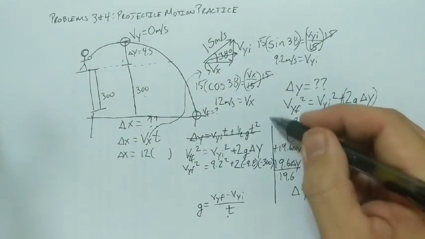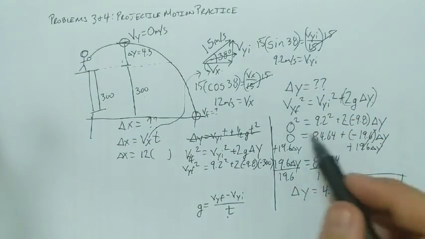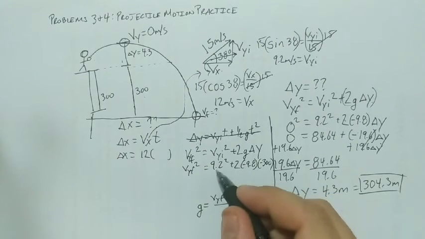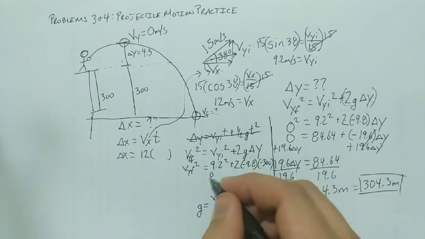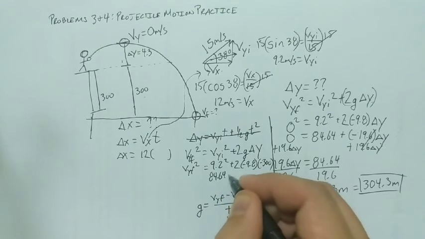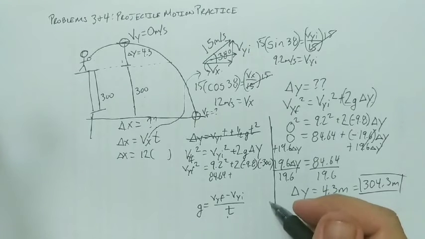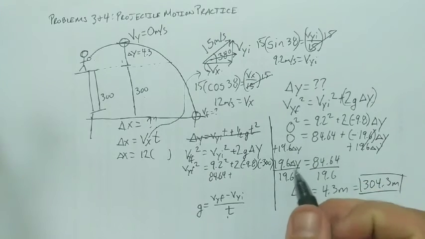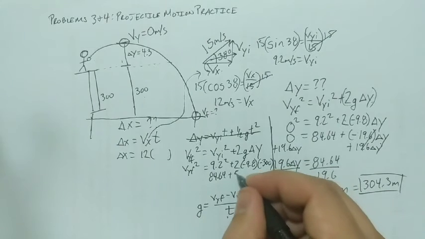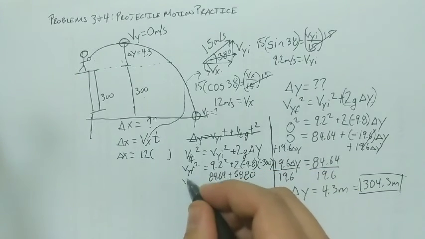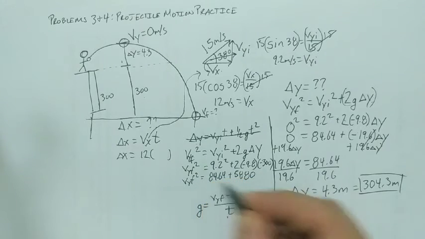I'm going to draw a little line there so we know that that was all part 3 and this is part 4. All right, 9.2 squared, we've done that before. 84.64. 2 times negative 9.8 times negative 300. That gives me 5,880. Thank you, my calculator. Vyf squared.